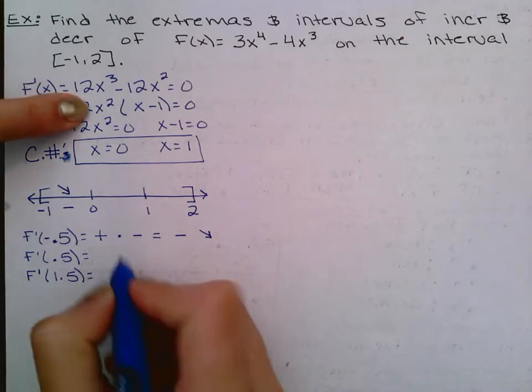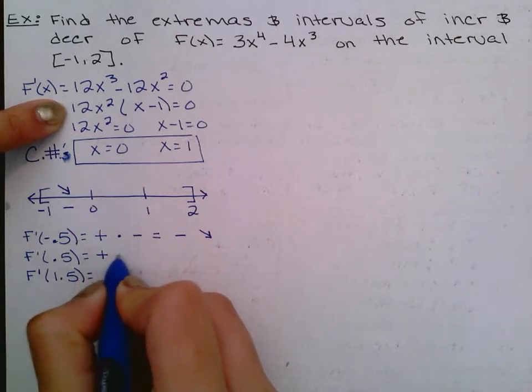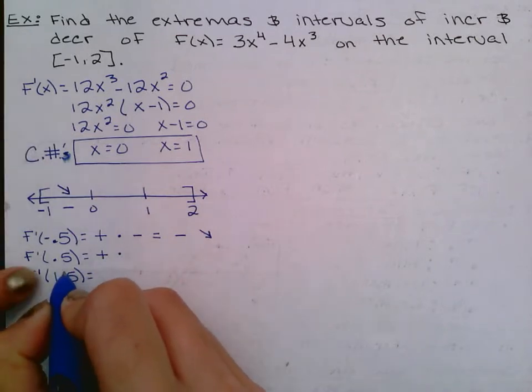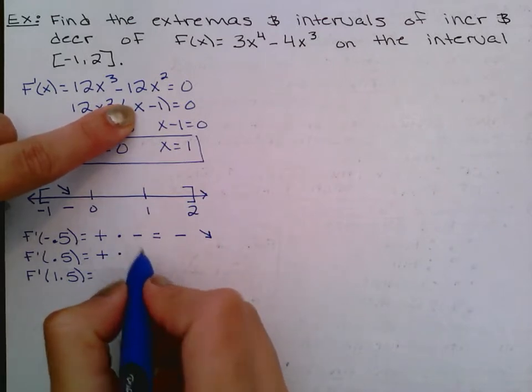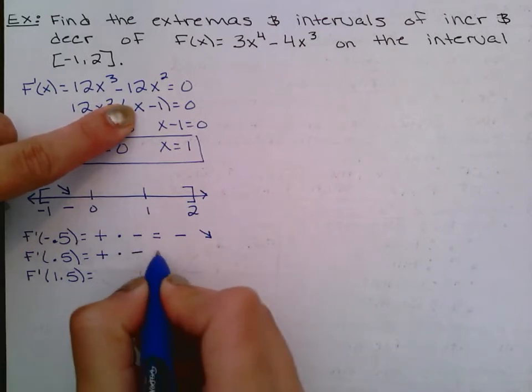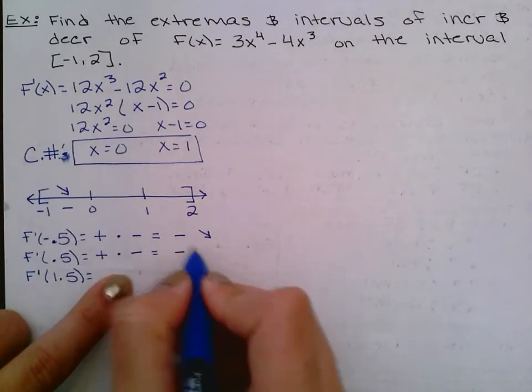We said 0.5 squared would be positive times a positive 12, also positive. 0.5 minus 1 is going to give me a negative. Okay? So, same scenario, positive times negative is negative.